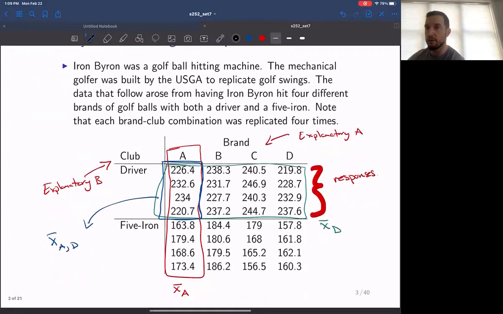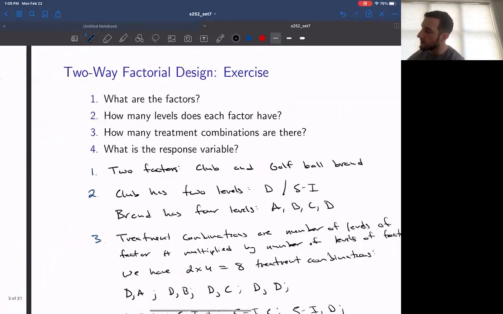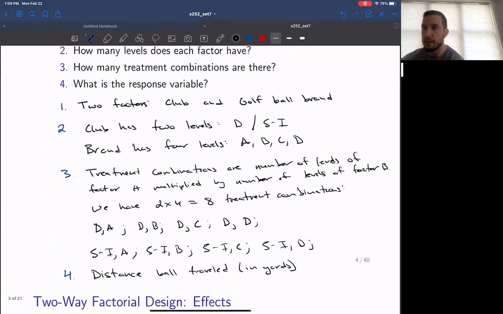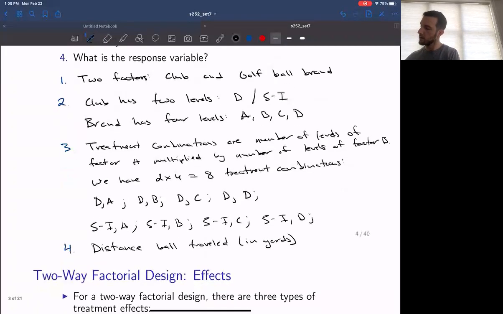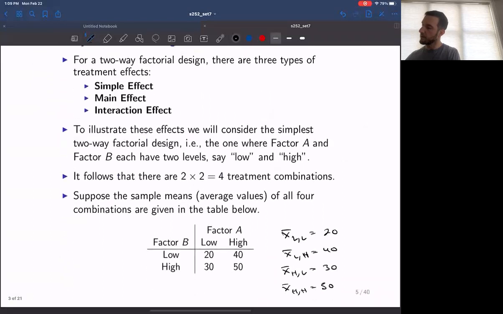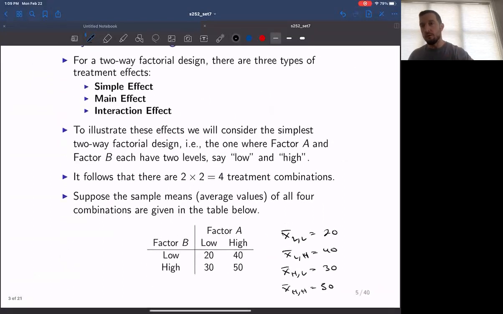So in this illustration, we have 8 treatment combinations that result from the interaction of the golf ball brand and the golf club levels. We can visualize how a system is evolving by studying the means that result from these treatment combinations.